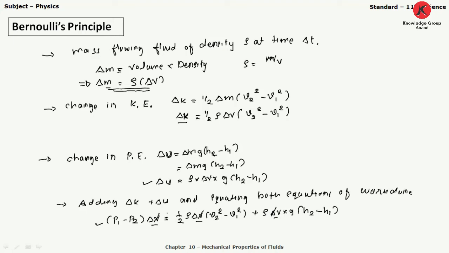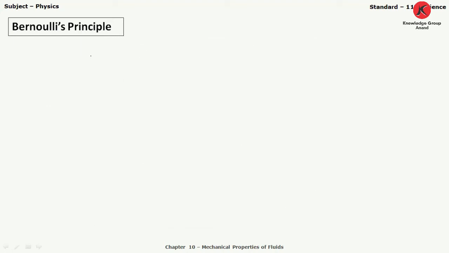So the final equation will be P1 minus P2 equal to half rho (V2 square minus V1 square) plus rho g (h2 minus h1).